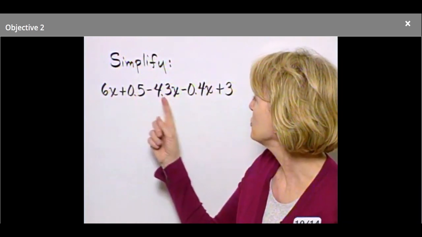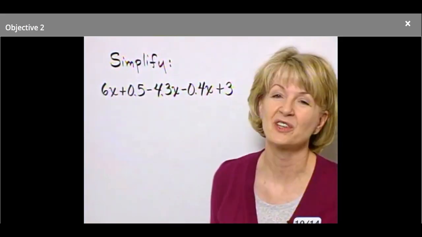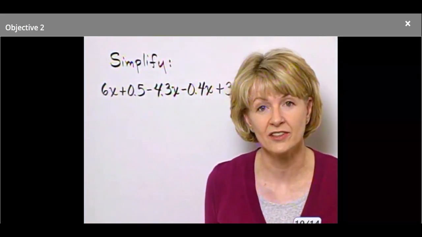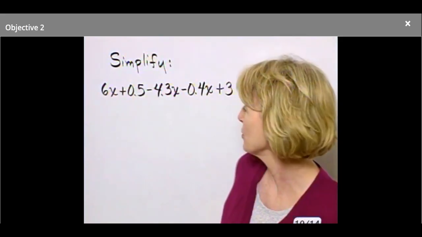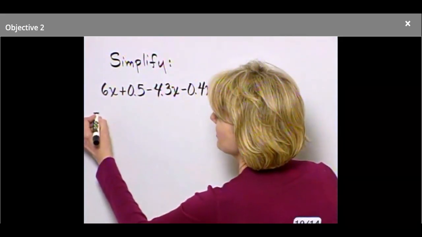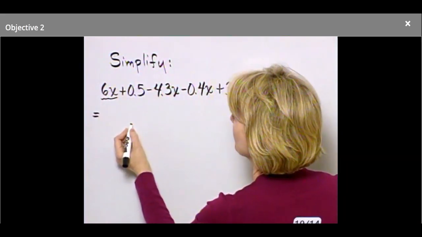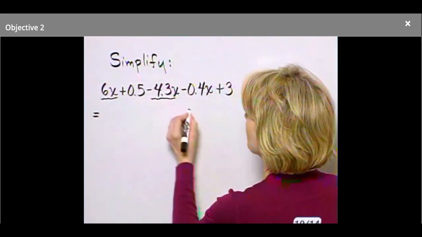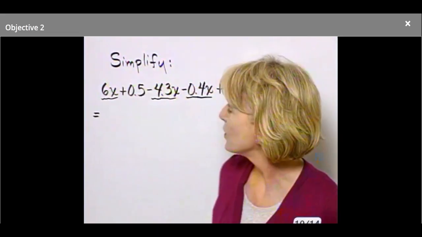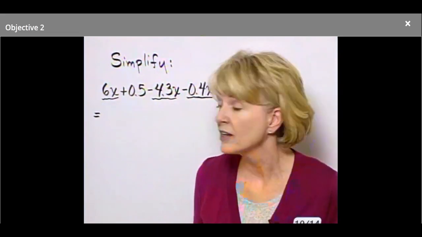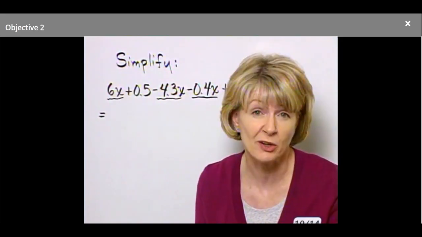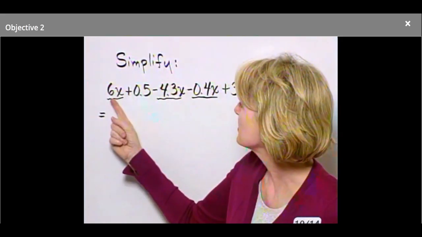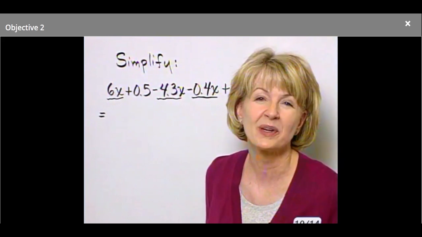We have 1, 2, 3, 4, 5 terms. Do we have any like terms? We'll simplify by combining any like terms. Well, let's see. This term, and this term, those are all like terms. So let's go ahead and combine them by first combining the numerical coefficients. I have 6 minus 4 3/10.